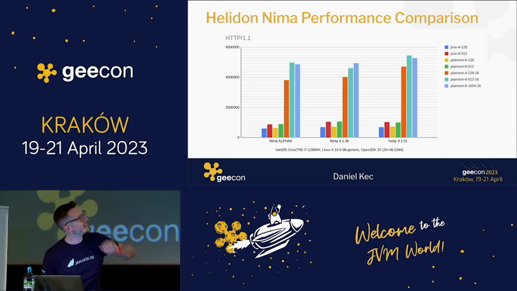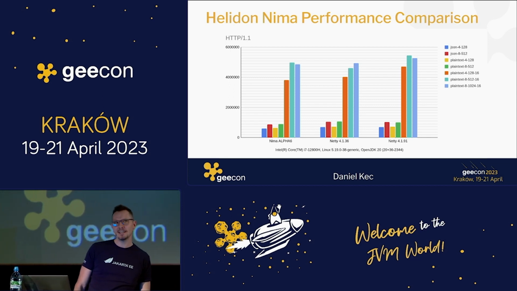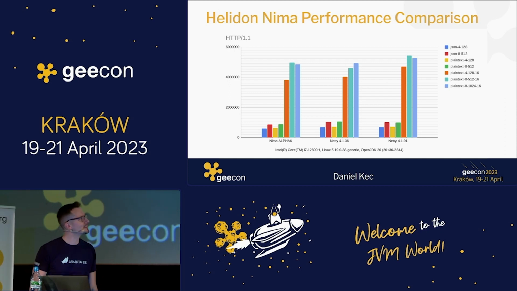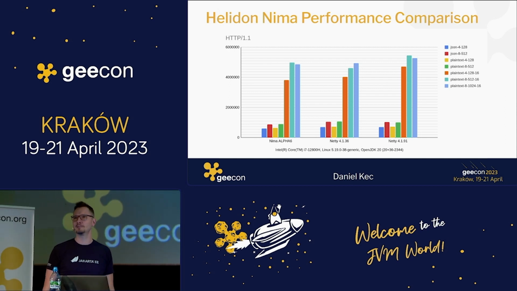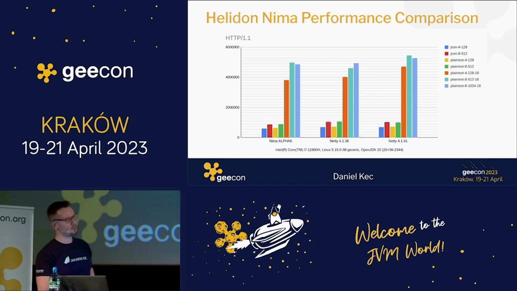You can see that Netty got faster. They started to do a lot of optimizations lately. I hope that's because there are new players in the field, right? It's always good for the users if we are trying to overcome each other.